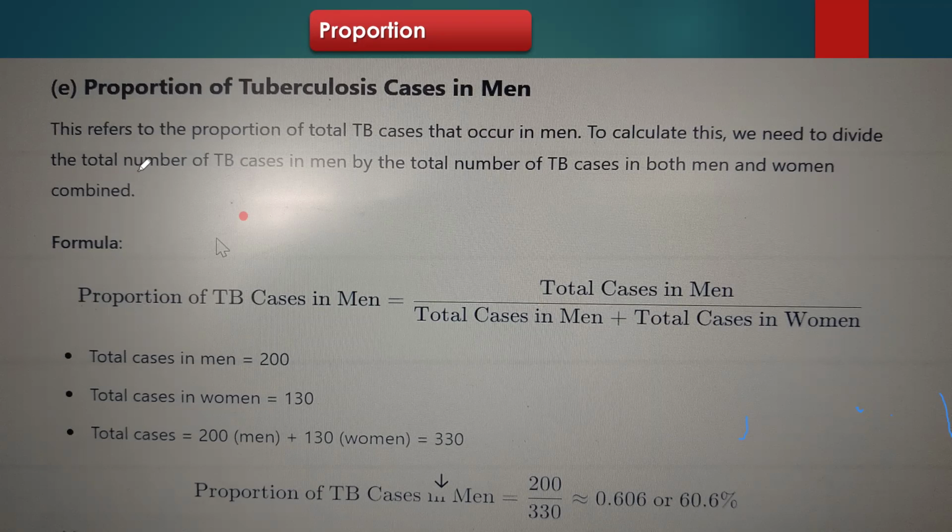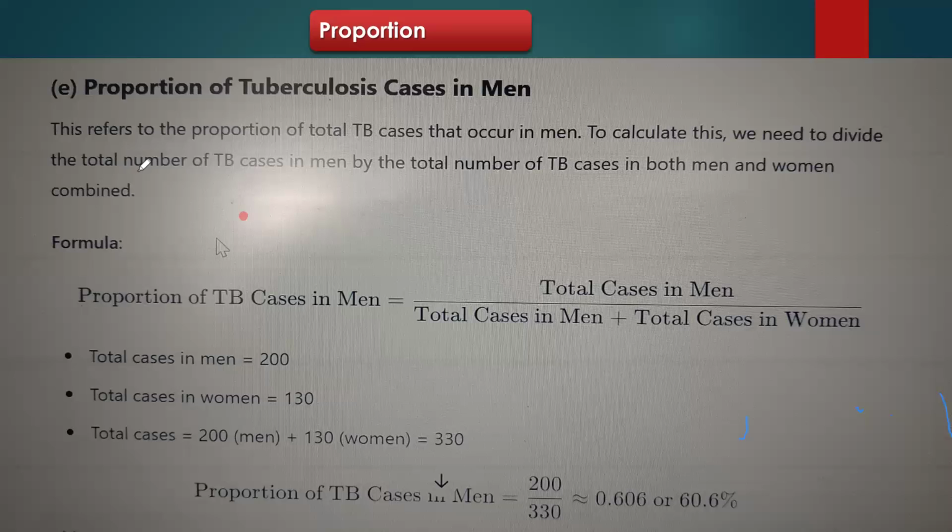Our interest is among the total cases of tuberculosis. We know that in men, the total tuberculosis is 200, 150 being new cases, 50 being old cases. Then among women, total tuberculosis was 130, with 100 being new cases and 30 being old cases.